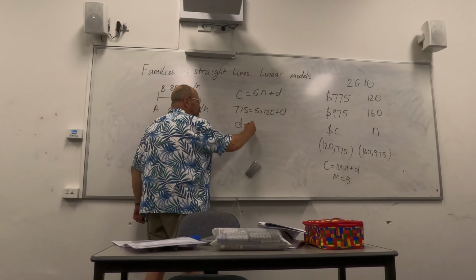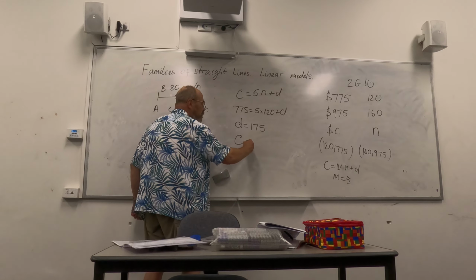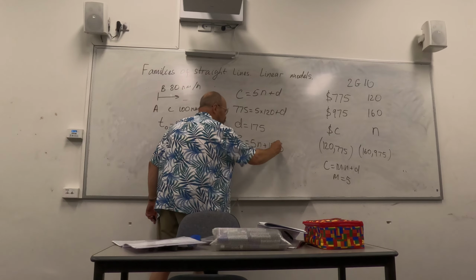So D equals 175, and the equation is C equals 5n plus 175.